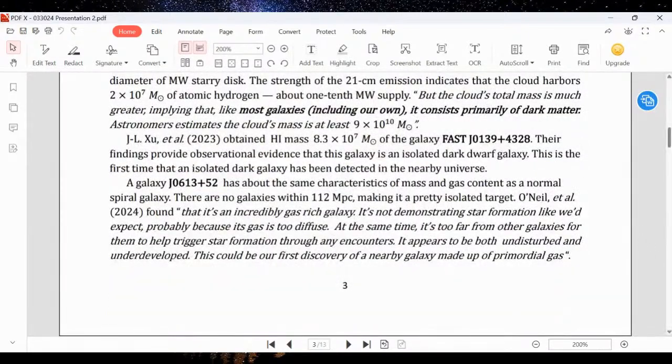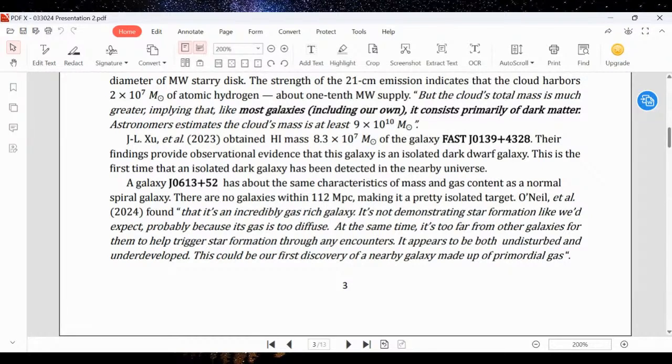Xu et al. obtained an HI mass of 8.3 × 10^7 solar masses for this galaxy. Their findings provide observational evidence that this galaxy is an isolated dark dwarf galaxy. This is the first time that an isolated dark galaxy has been detected in the nearby universe.